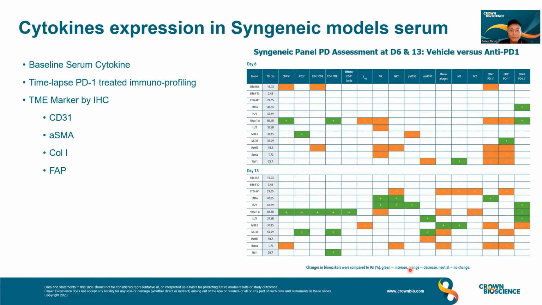In addition, we measure the major cytokines in the serum of each model. And we check the typical TME markers by IHC. We also detected how the immune cells changed over time after PD-1 inhibitor treatment. So we can share this data if you want to know more, so feel free to contact us to have that.